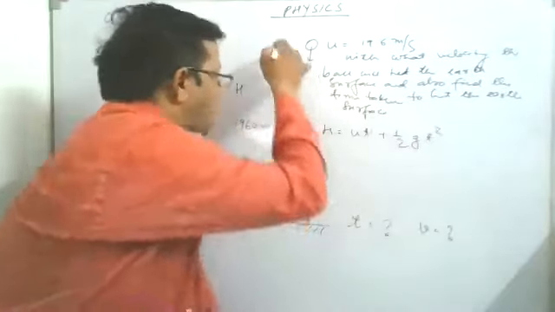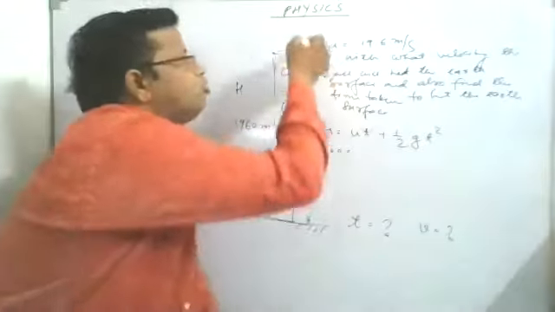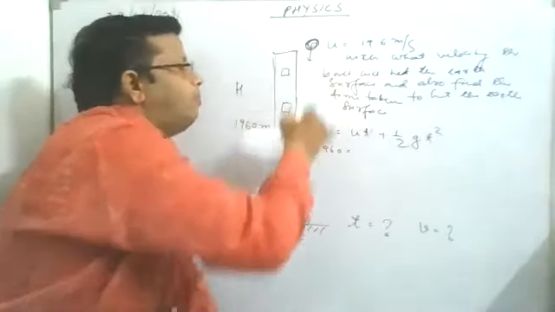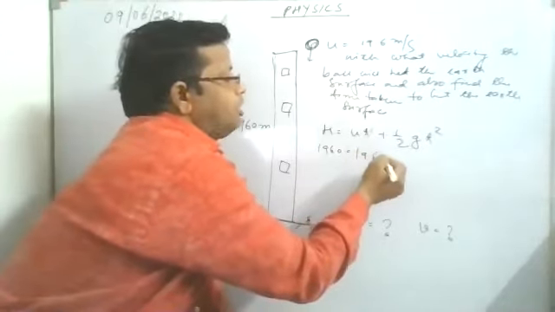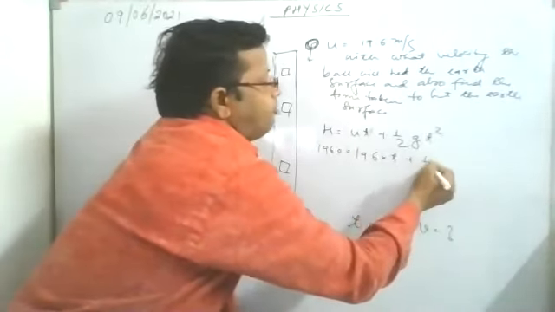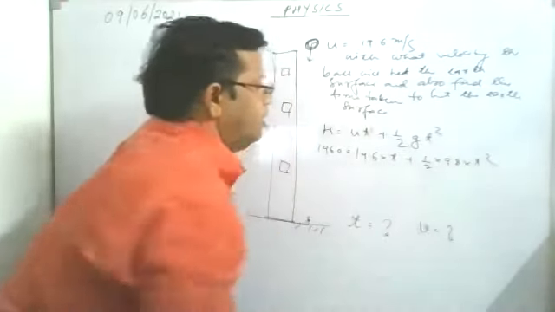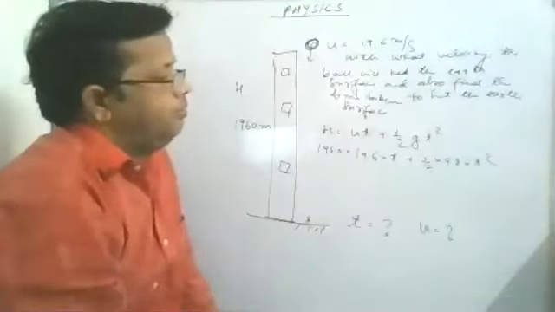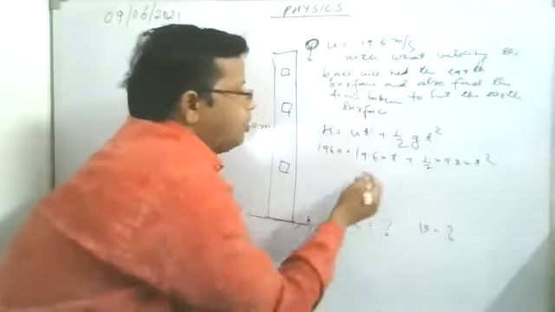Let us see here. What is the height of the building? 1960 meter. What is the initial velocity with which the ball is thrown vertically downward? It is 19.6. So 1960 is equal to 19.6 t plus half g, g is 9.8, into t square. But see here, this is a quadratic equation.